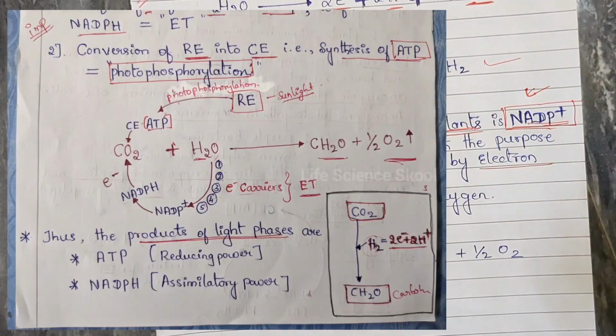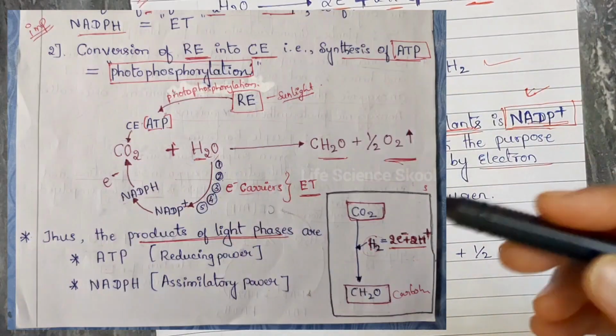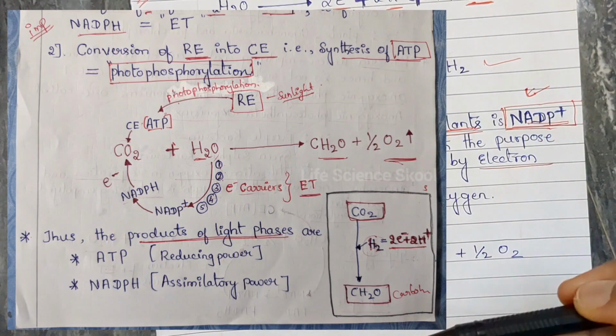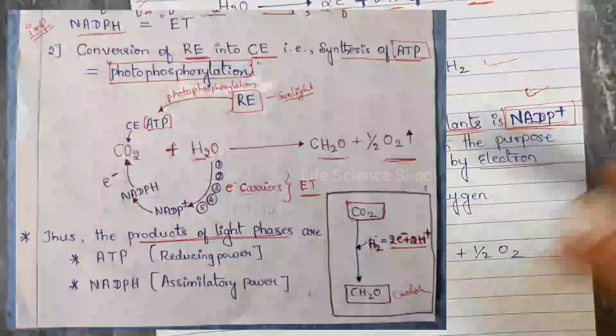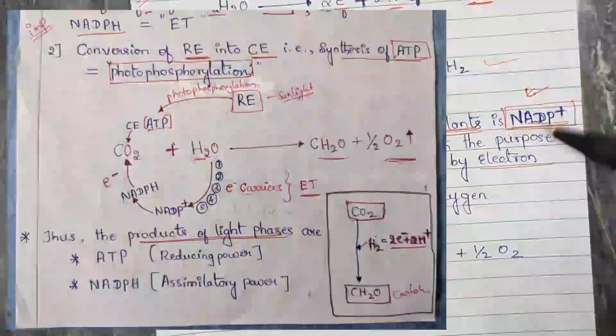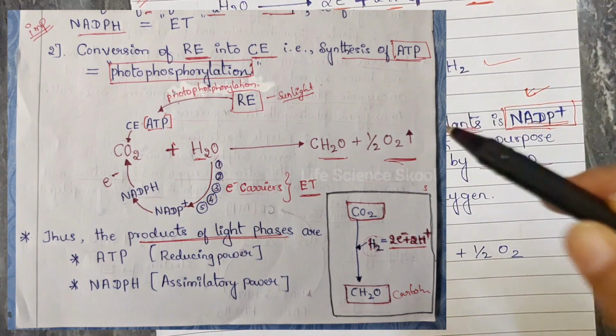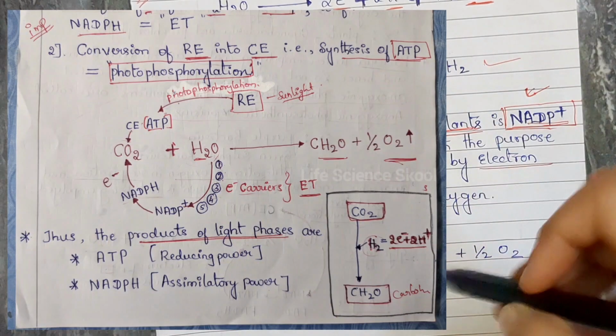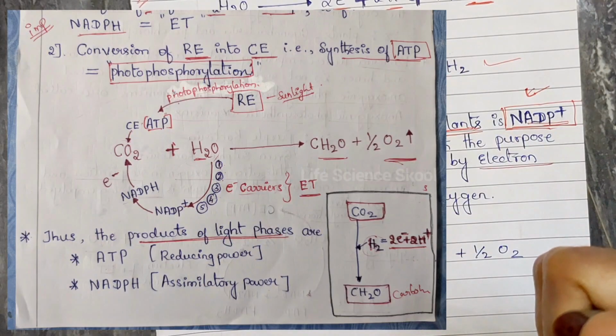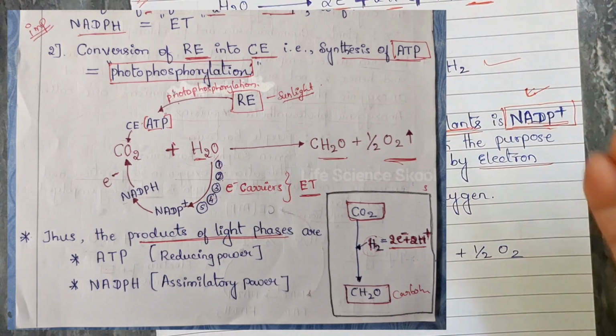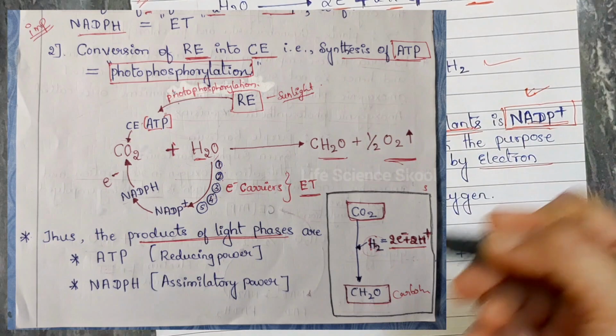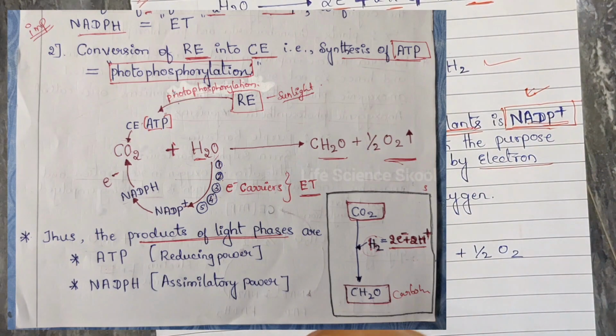You can see in the diagram that in the light phase there are electron carriers. Electrons are carried and given to NADP plus. I guess you are observing it in the diagram, right? That is called the electron transport system. So electrons have to be transported. Someone has to give the electrons, then only are the electron carriers going to carry the electrons and give them to NADP plus, right?